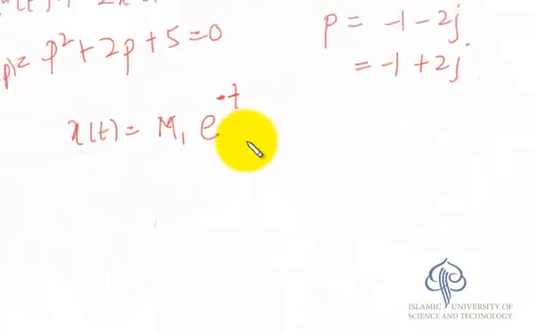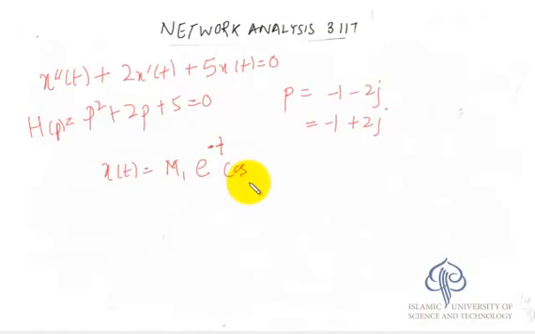Then you have cos 2t plus m2 e to the power minus t sin 2t, because this is sigma plus minus j omega.